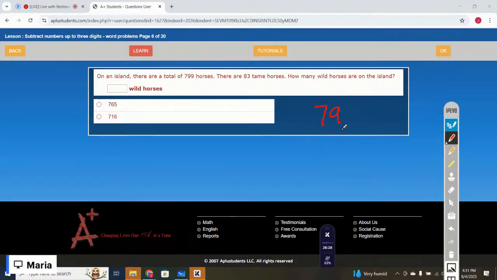799 minus 83. 9 minus 3 is 6. 9 minus 8 is 1, and 7.